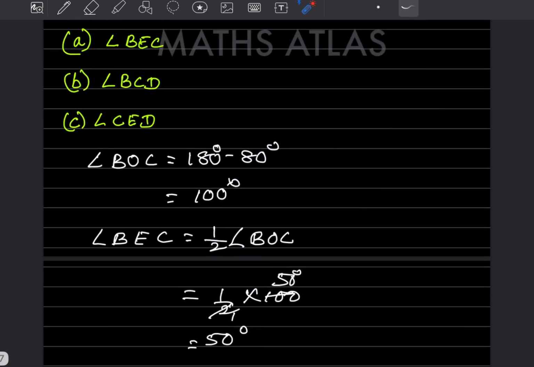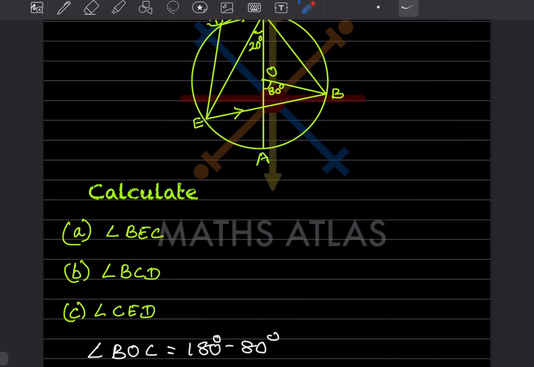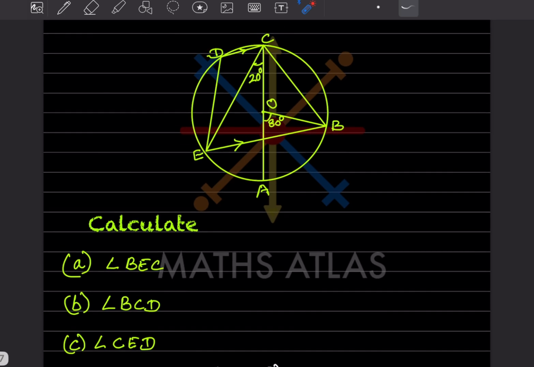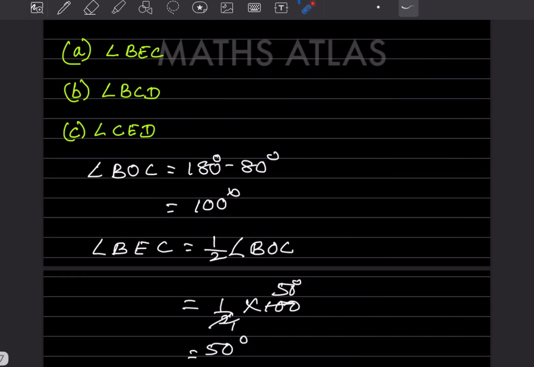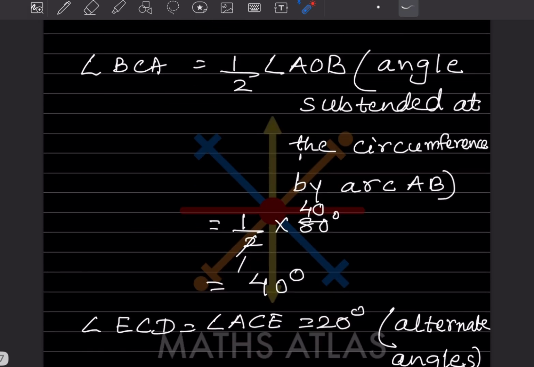Because BCA is half of AOB. BCA, B, C and A. So that is going to be half of angle AOB.